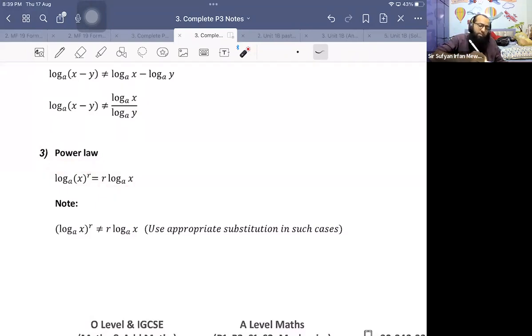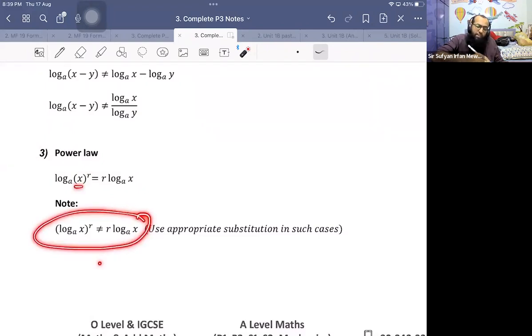Now if we talk about the note, I have written log of x with the base of a within the brackets and there is a power r on the whole of it including the log. Even the log is within the brackets. Then the power law won't work. Now it is not possible that r gets multiplied by the log. This is wrong. This is a common blunder. We can never do it like this.